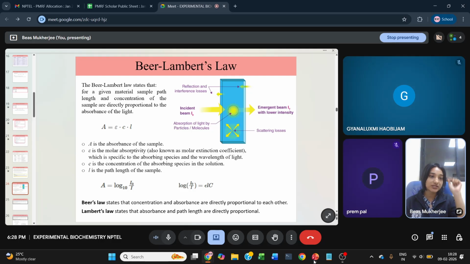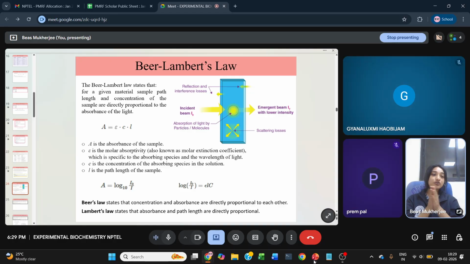Let's say I'm taking a protein solution, and in that protein solution, how many tryptophan residues are there, how many tyrosine residues are there, how many phenylalanine residues are there, that constitutes the molar absorption coefficient of that particular material. If that is very high, then it will absorb a lot of light. If that is very low, then it will absorb very little light. Based on that, I will calculate the concentration of the sample.